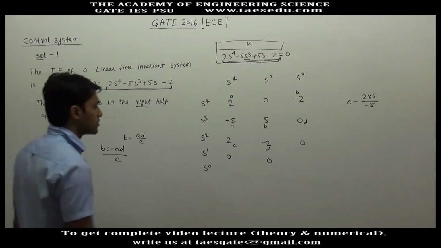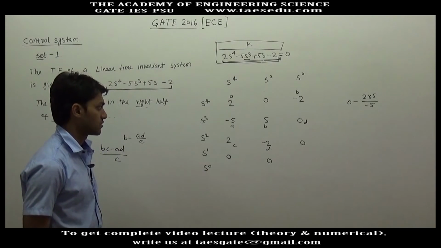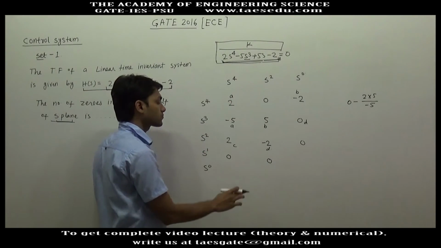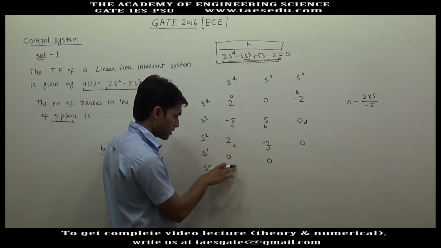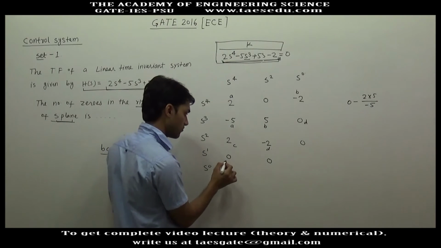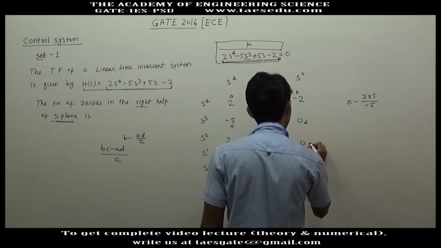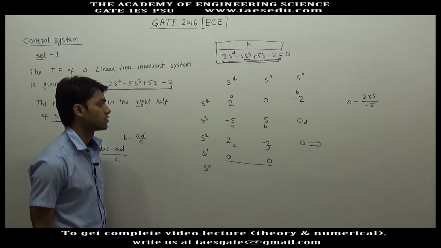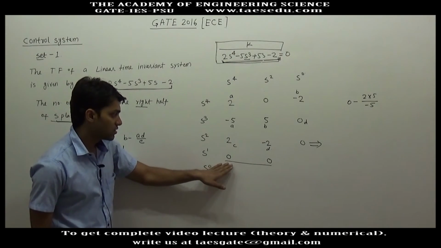So if a complete row is 0, this is surely an unstable system, because there is one sign change. So this is an unstable system, and to further complete the Routh-Hurwitz table, if one complete row is 0, what we do is first form the characteristic equation using the row which is above this 0 row.